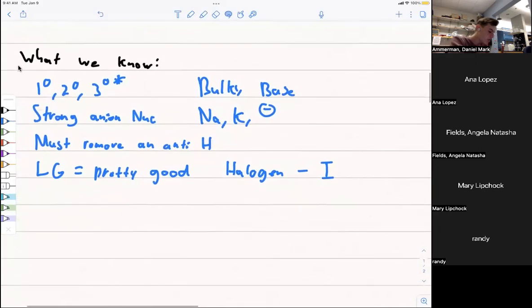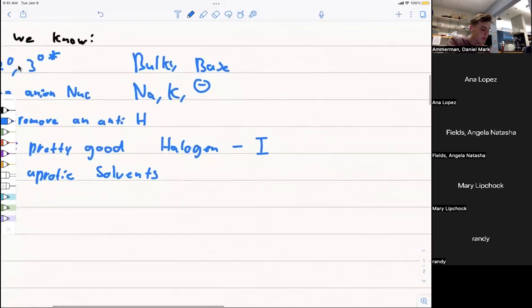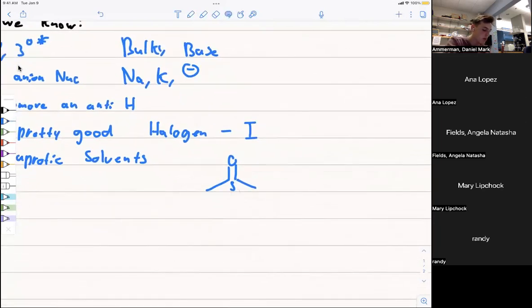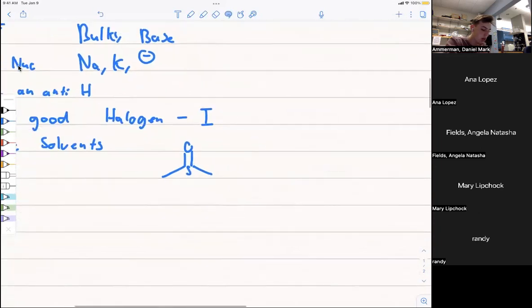And then also we're using polar aprotic solvents. Examples of that are going to be DMSO, dimethyl sulfoxide, two methyls, and then the sulfur is that bond in the middle. That's often what you'll see.